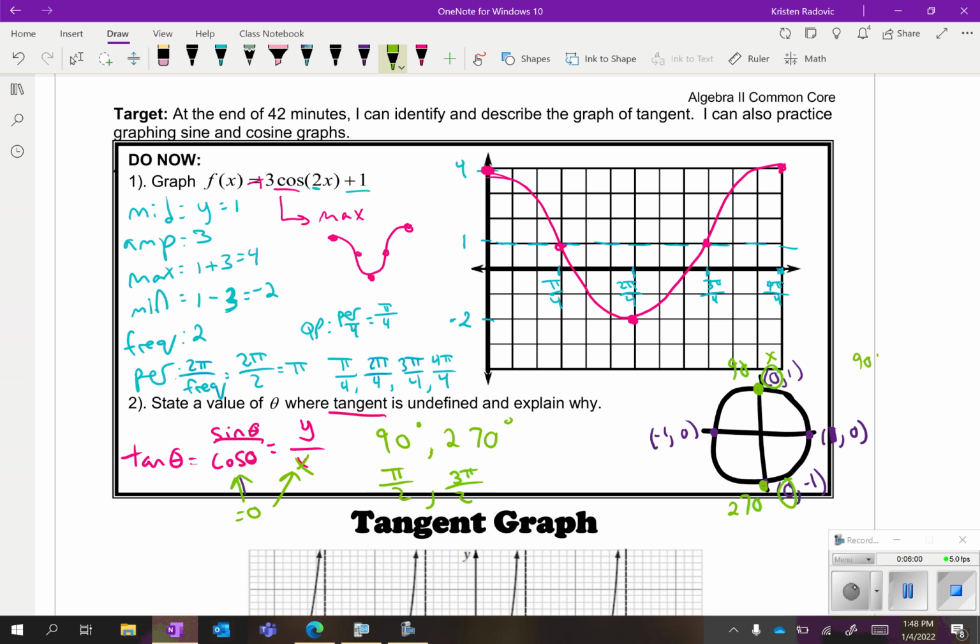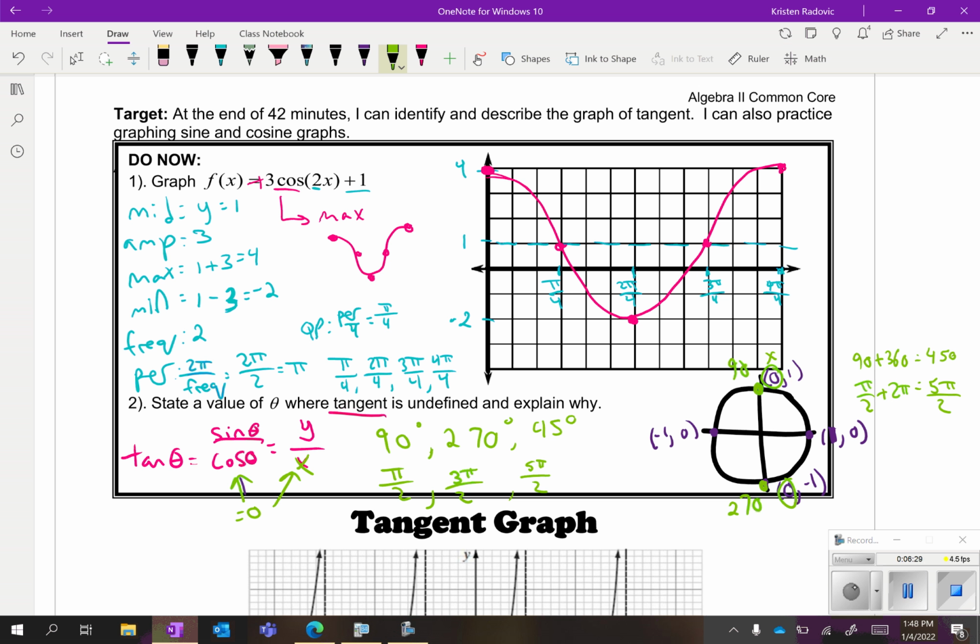So 90 plus 360 is 450, which will also end up on top. So 450 degrees makes it undefined. Now, if you have pi over 2 in radians and you added a full circle, that would be 2 pi. That would now be 5 pi over 2, making it undefined in radians.